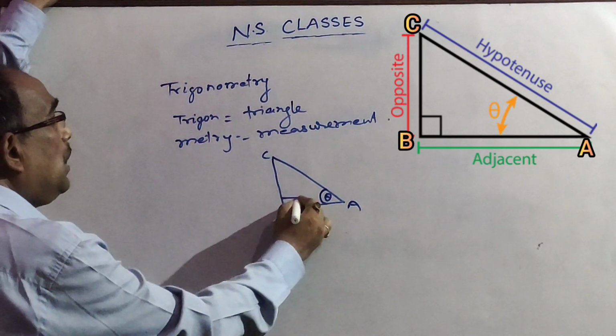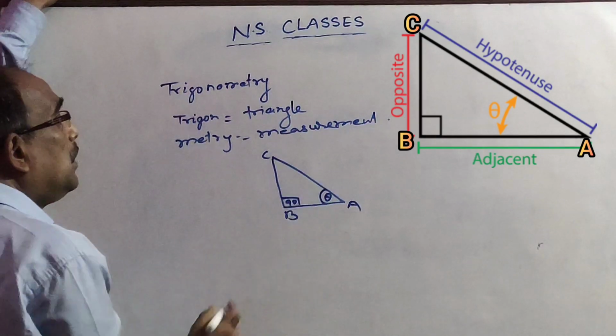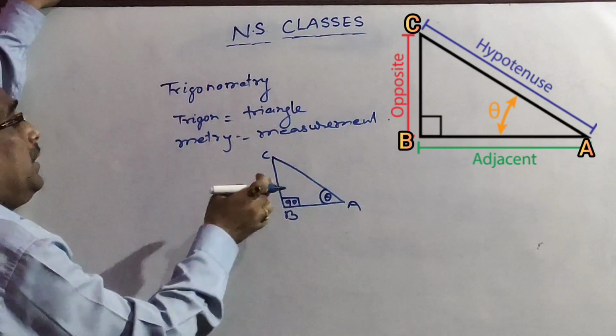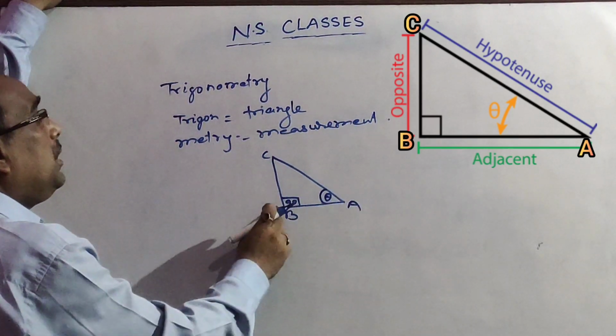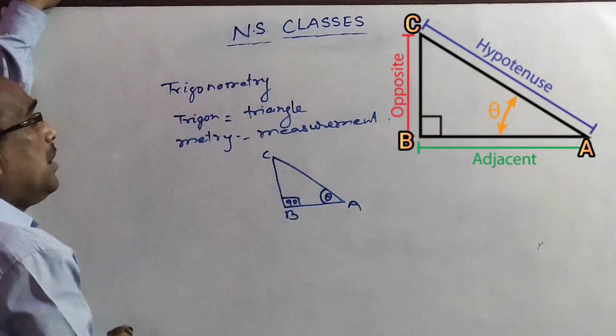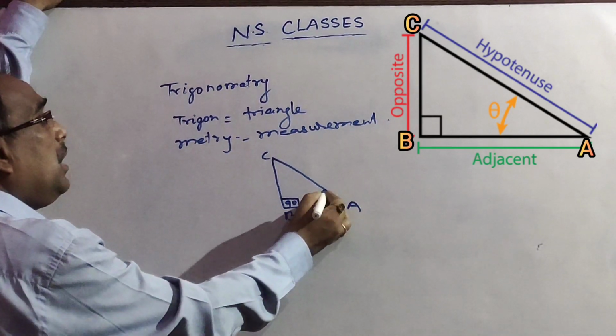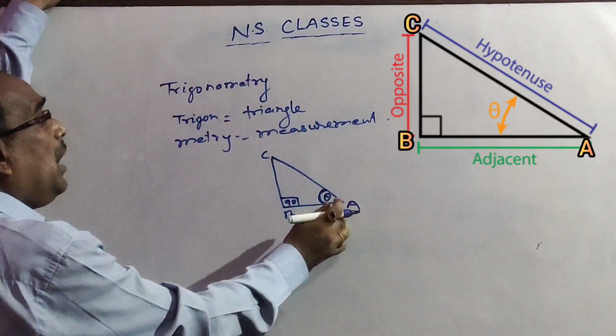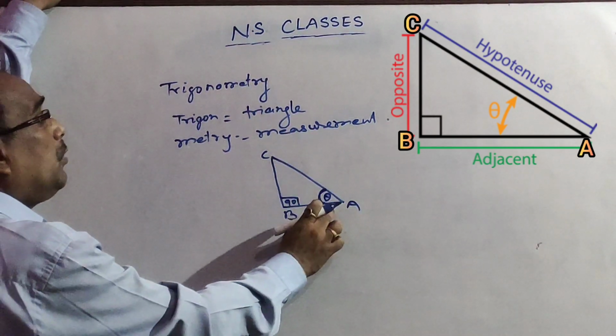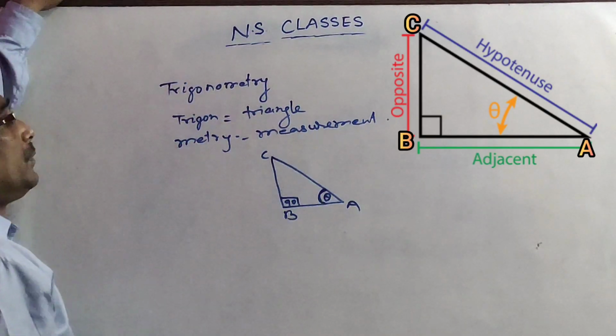Angle B is equal to 90 degrees. Triangle ABC is a right angle triangle in which angle A is theta. A is an acute angle, this acute angle is theta.